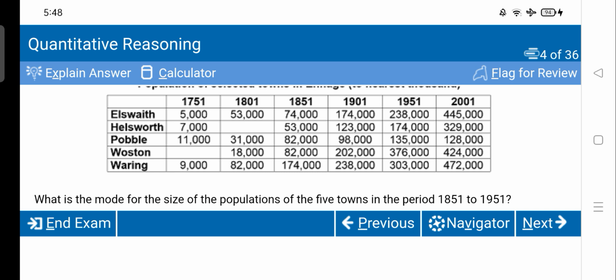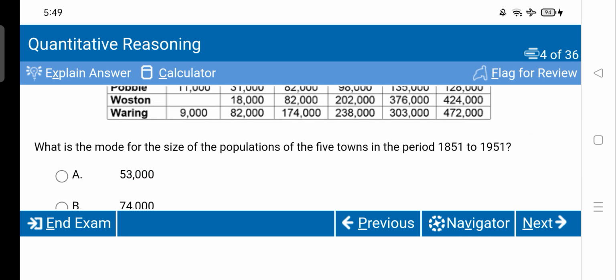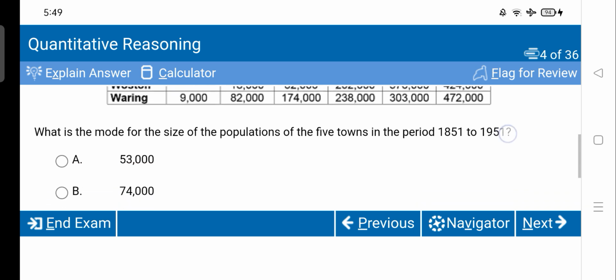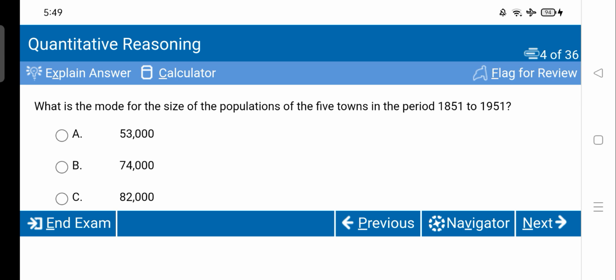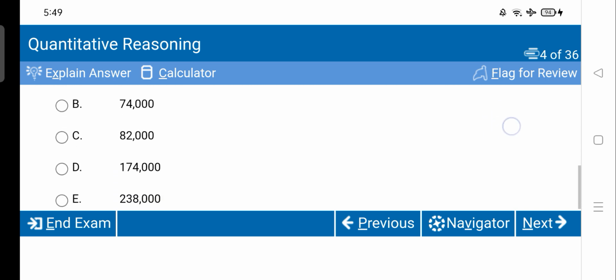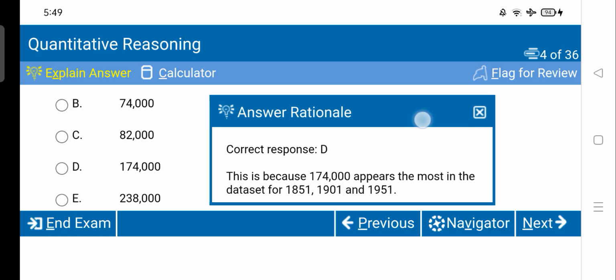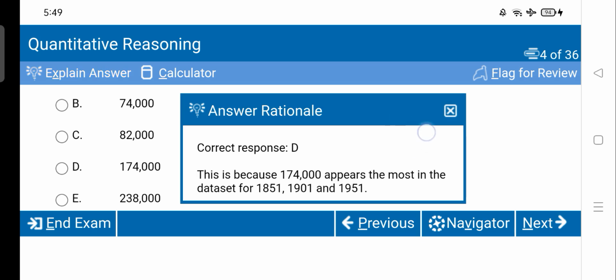Option A we have 53,000, option B 74,000, option C 82,000, option D 174,000, option E 238,000. The correct response is option D.